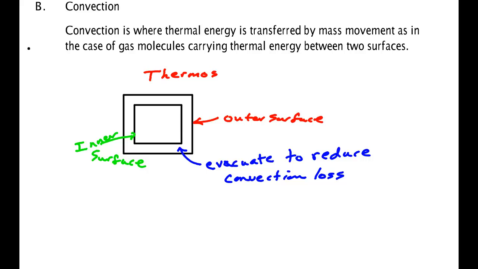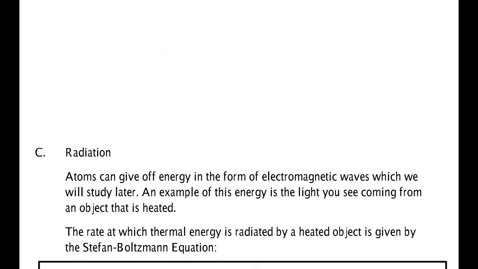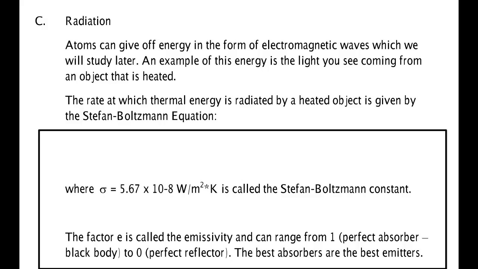The last process, radiation. In radiation, we get a heated object, and that heated object gives off energy in the form of electromagnetic radiation, and the formula for that is the amount of energy lost per time.